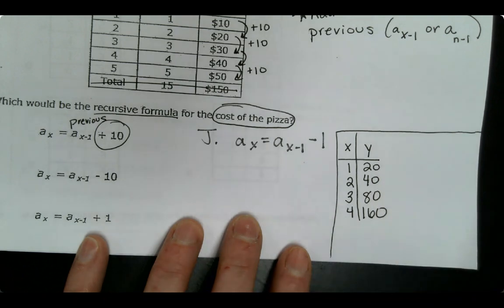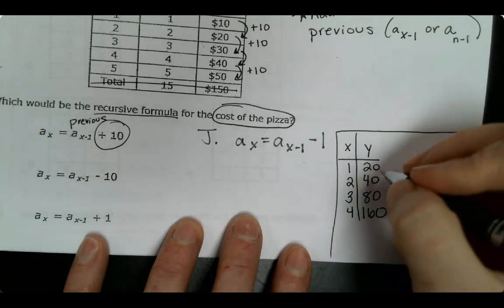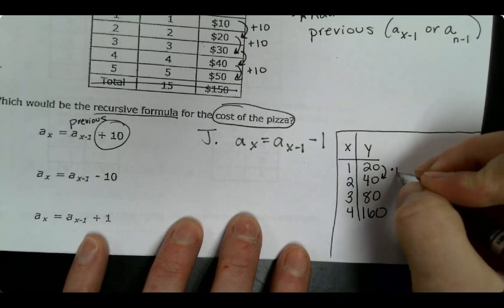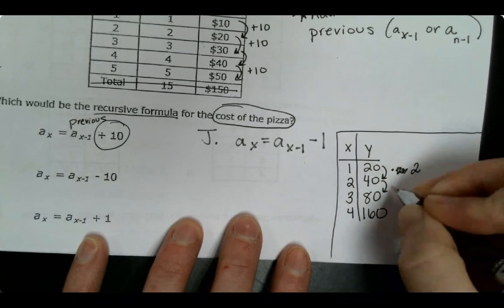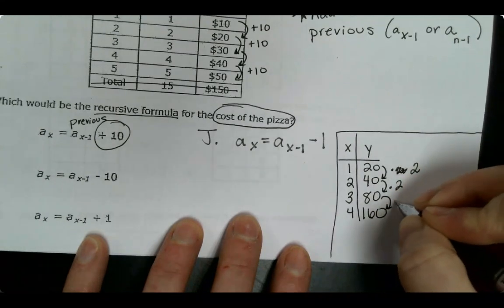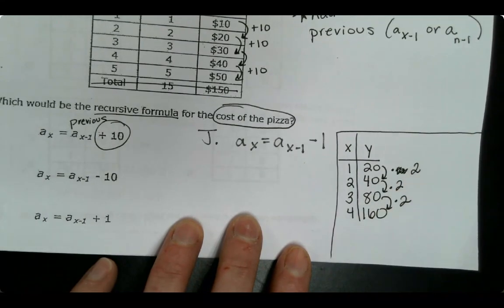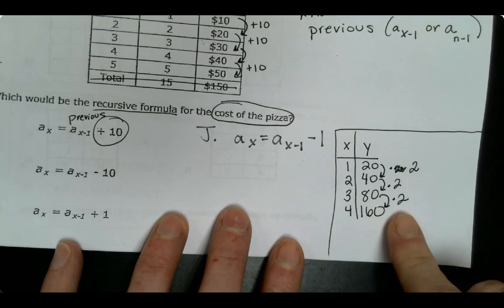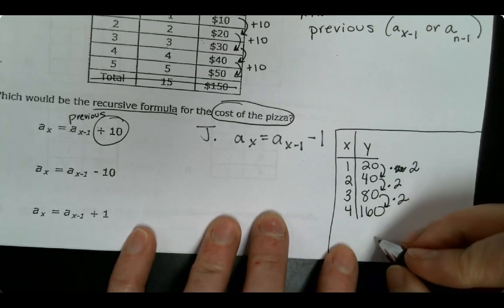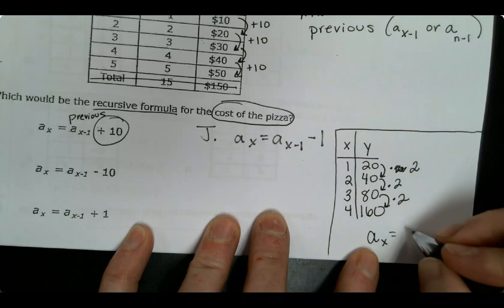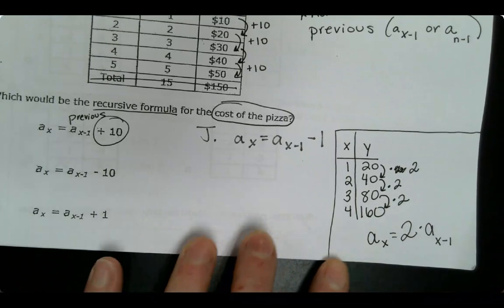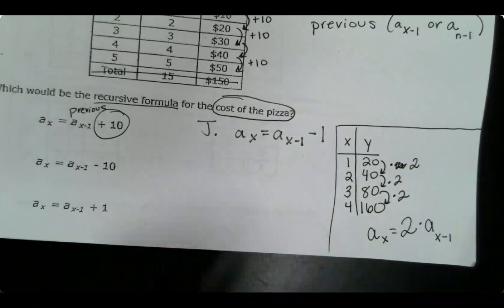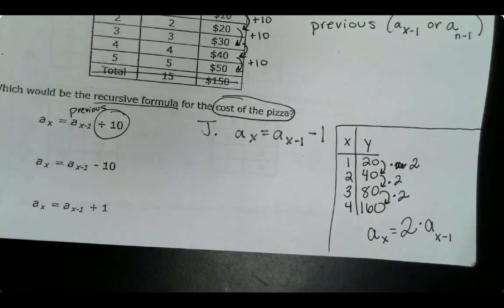So what would it multiply by? 2. So is the pattern times 2 every time? Oh, why did I say 10? Sorry. 2 times 2 times 2. So it's something like that. And the way it'll be written is it'll be like A x equals 2 times A x minus 1.